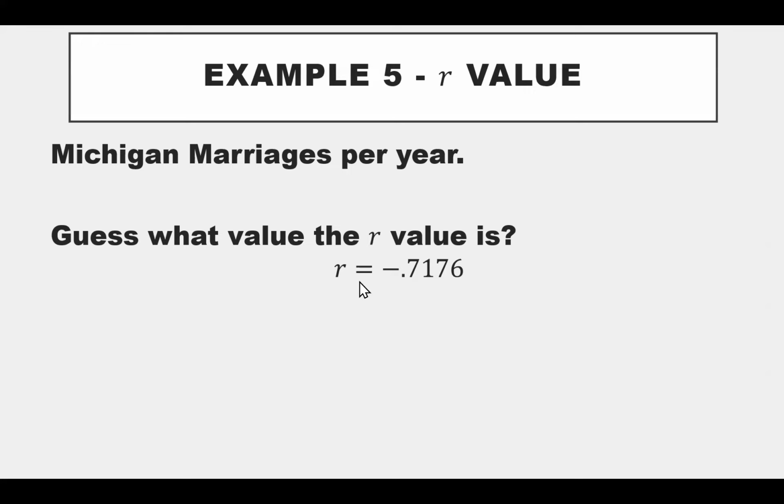If I give you a question asking for an R value, I'm not going to give you something that looks like the difference between a 0.68 and a 0.72. That's not very fair. But I could give you a question that says, does this look to be closer to an R value of 0? Does this look closer to an R value of 0.7? Or does this look closer to an R value of 1?